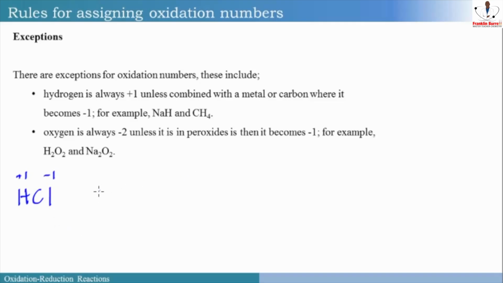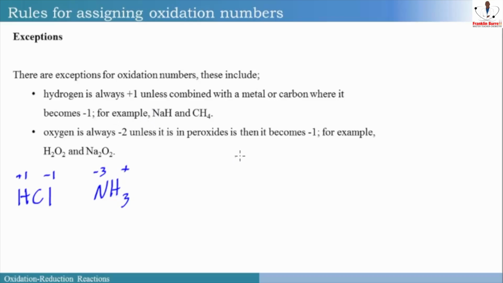In ammonia, NH3, the H is with a nonmetal, so the H will carry a + charge and the N carries a -3 charge. So simply put, anytime H is with nonmetals, it will always be +1. But if it is placed with a metal or carbon, it becomes -1. That's our first exception.